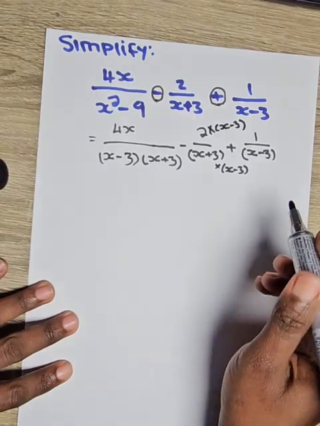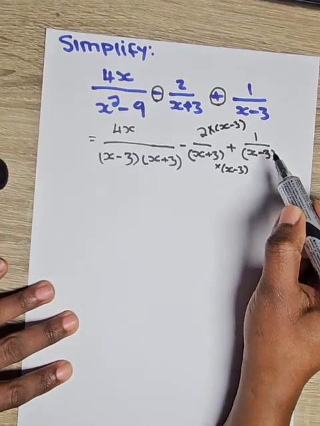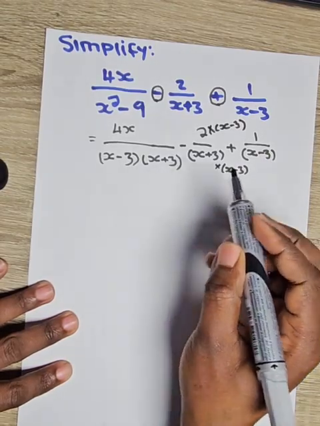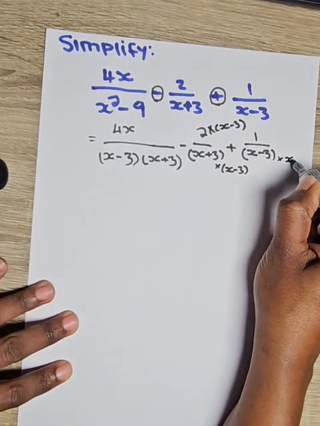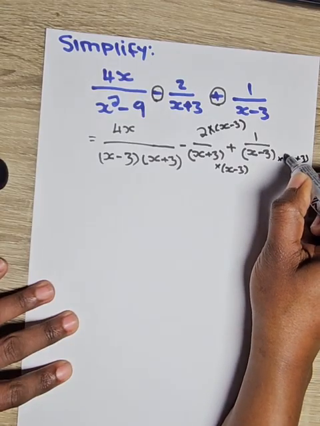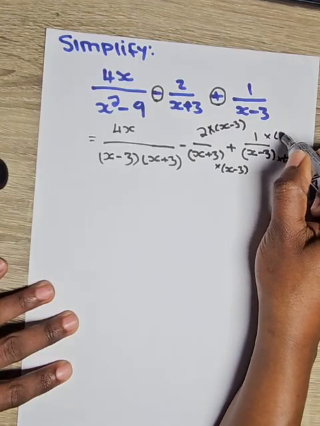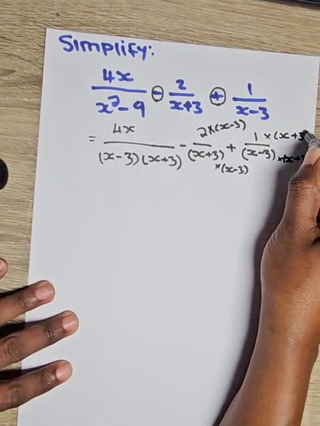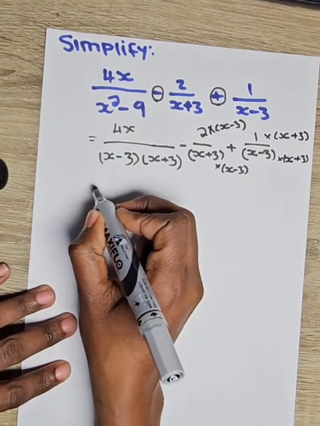For the last fraction, we have 1 over x minus 3. The difference is only x plus 3, so we multiply by x plus 3, and on top we must multiply x plus 3 too, because whatever you do to the denominator, you must do to the numerator.